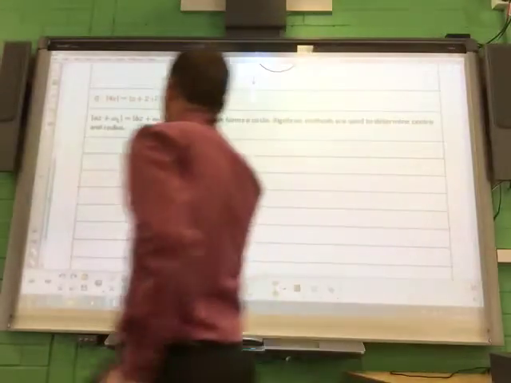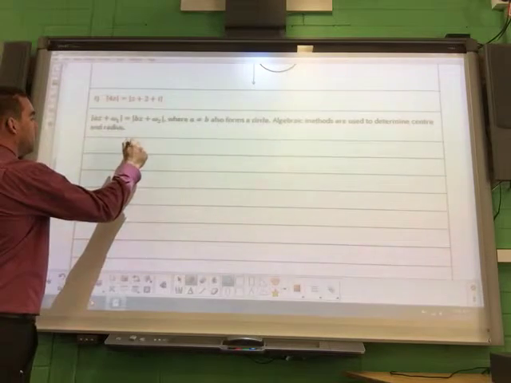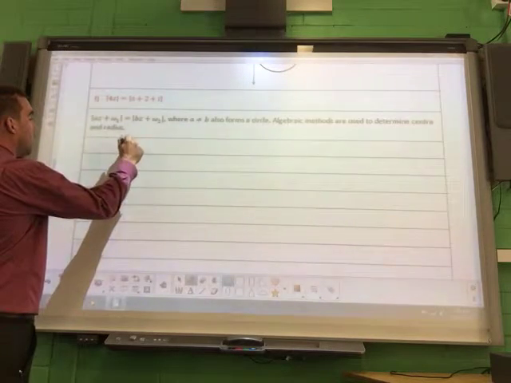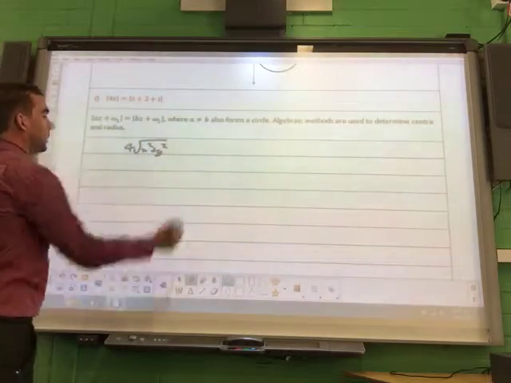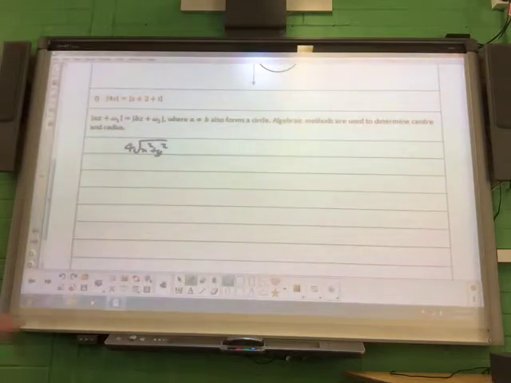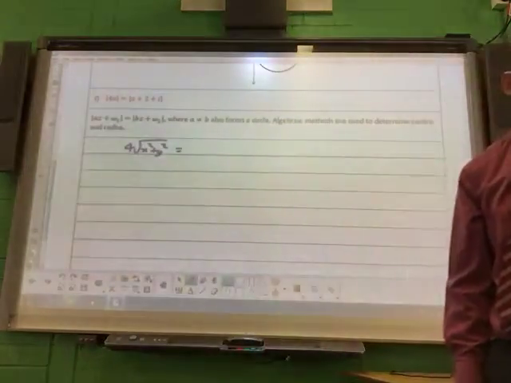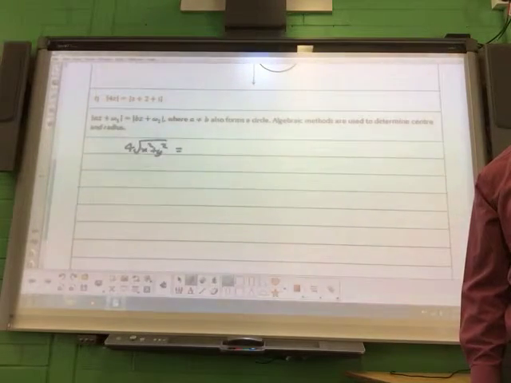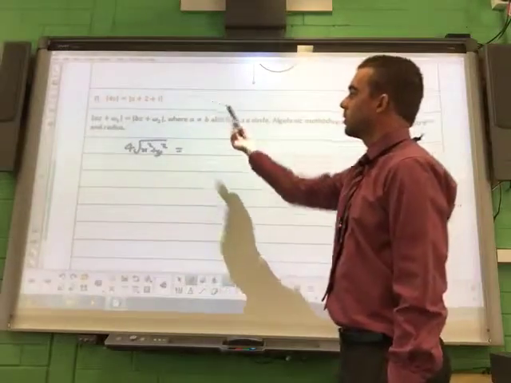Alright, so the modulus is going to be 4 root of x squared plus y squared. Okay, so we have modulus there. This is going to equal, what is in the brackets is a plus.